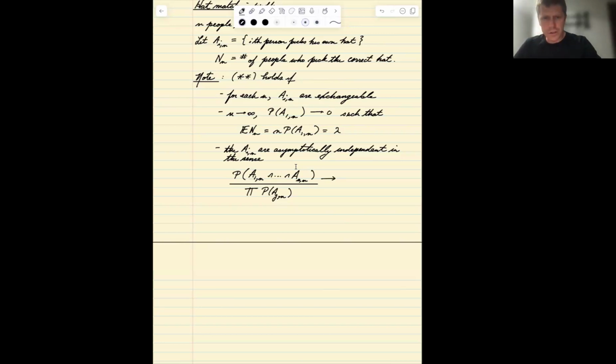Then that converges to 1 for all fixed k.